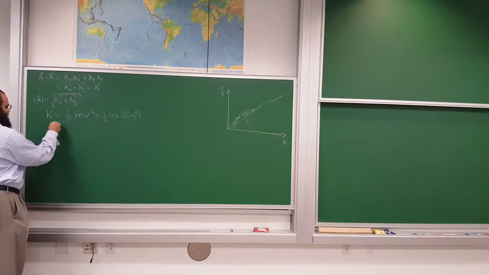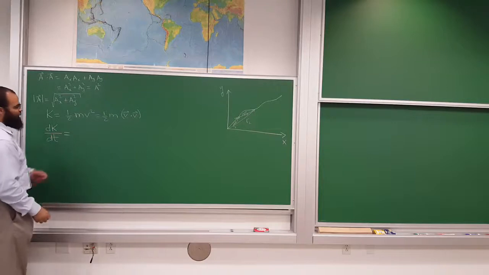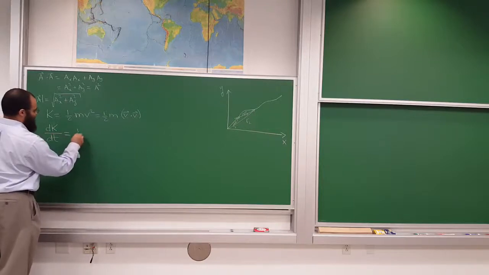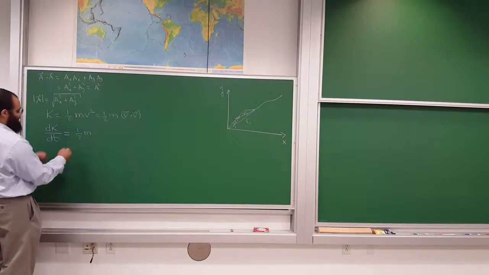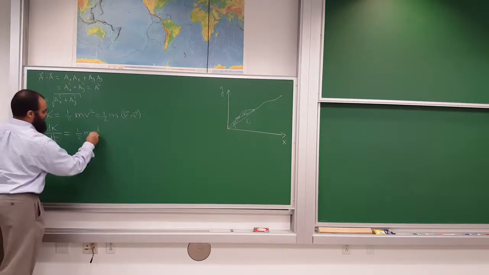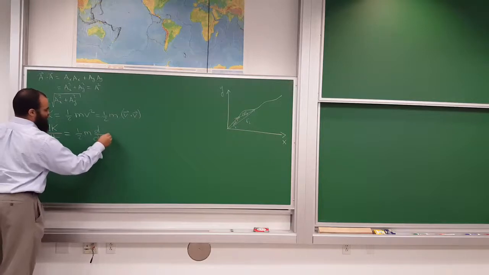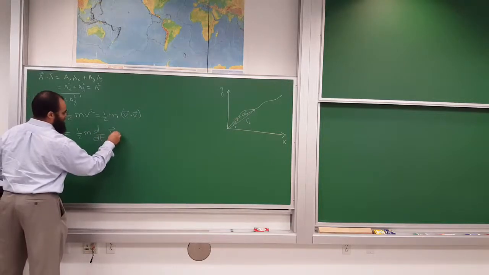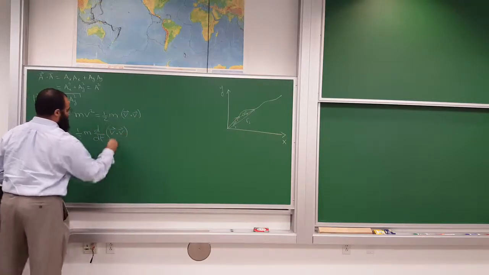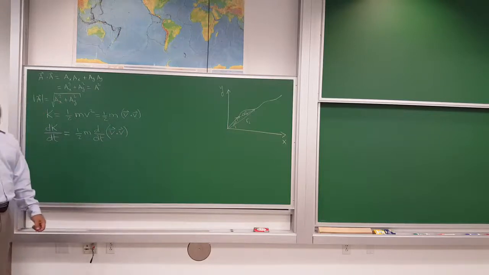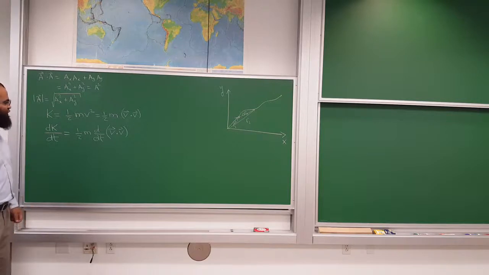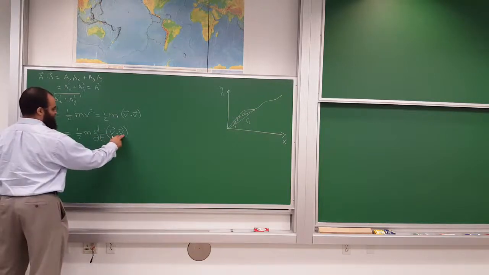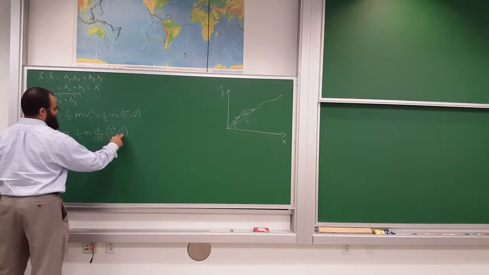Let's take the derivative of this with respect to time. So dK, how does the kinetic energy change with time? It will be 1/2 m, and I'm taking the derivative of this right-hand side with respect to time. So it's d/dt of v dot v. You might be thinking, how does the derivative of a dot product work? Just like how you do the product rule. So it will be the derivative of this times this plus this one times the derivative of this one.